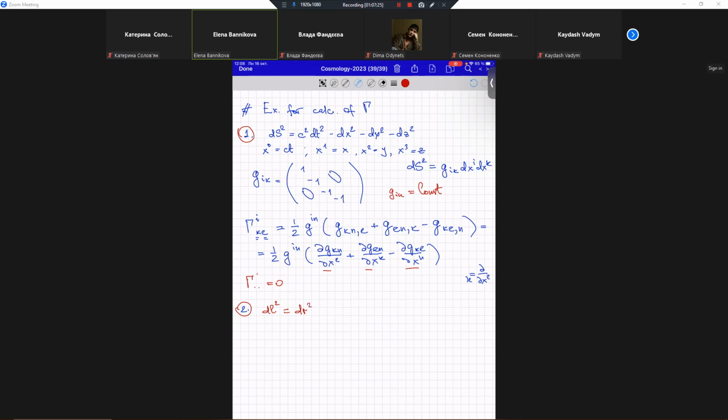It means that I put this point xy as angle phi and r, the polar coordinate system. And in the polar coordinate system, I have the square of the length as dr square plus r square dphi square. Agree?